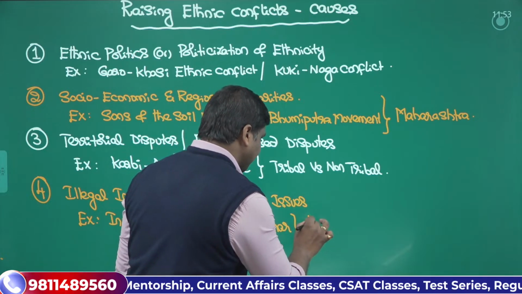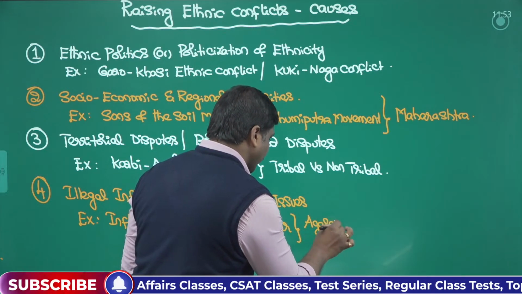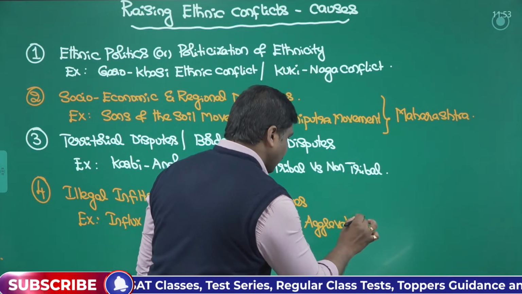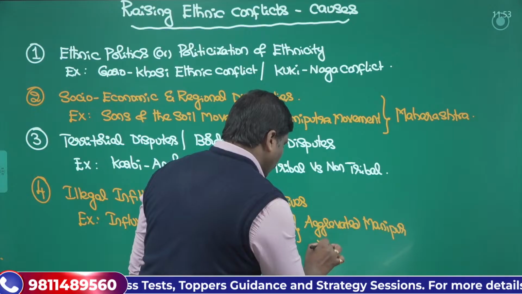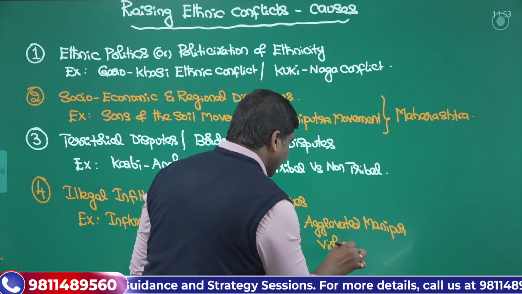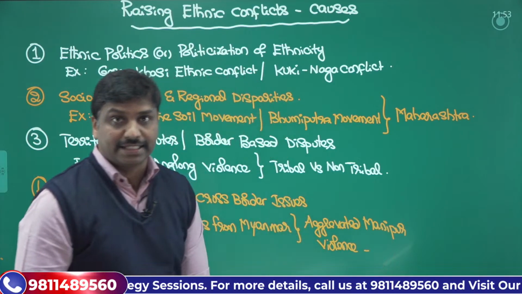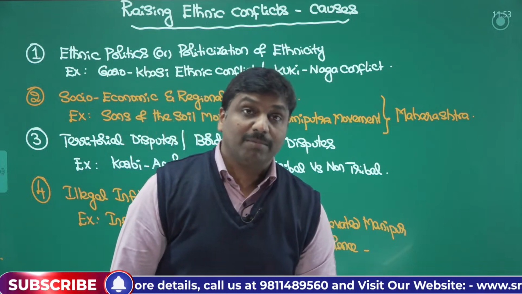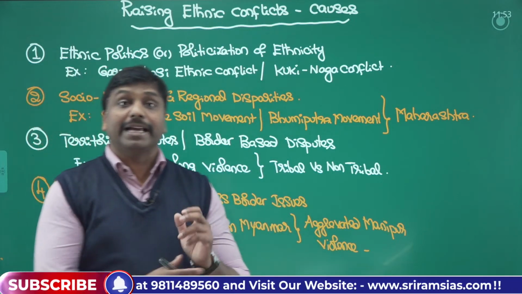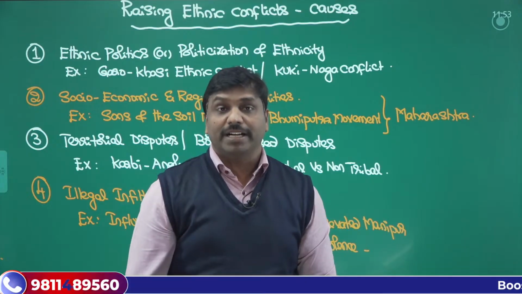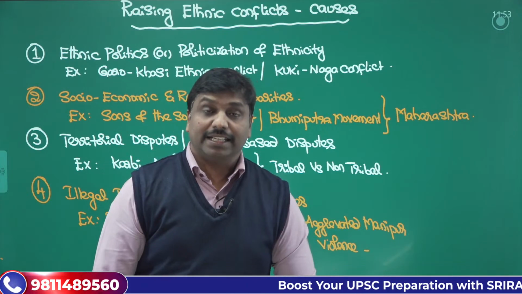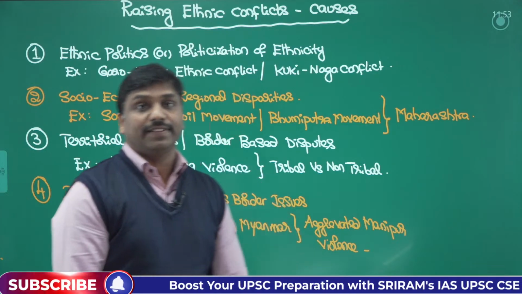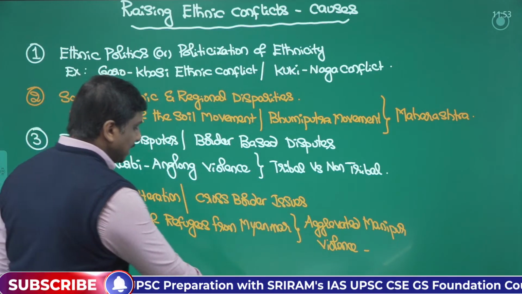This violence was between Kukis and Meiteis, tribal versus non-tribal, where the Meiteis were demanding incorporation into the ST category. That is where the differences started. So this is another thing.